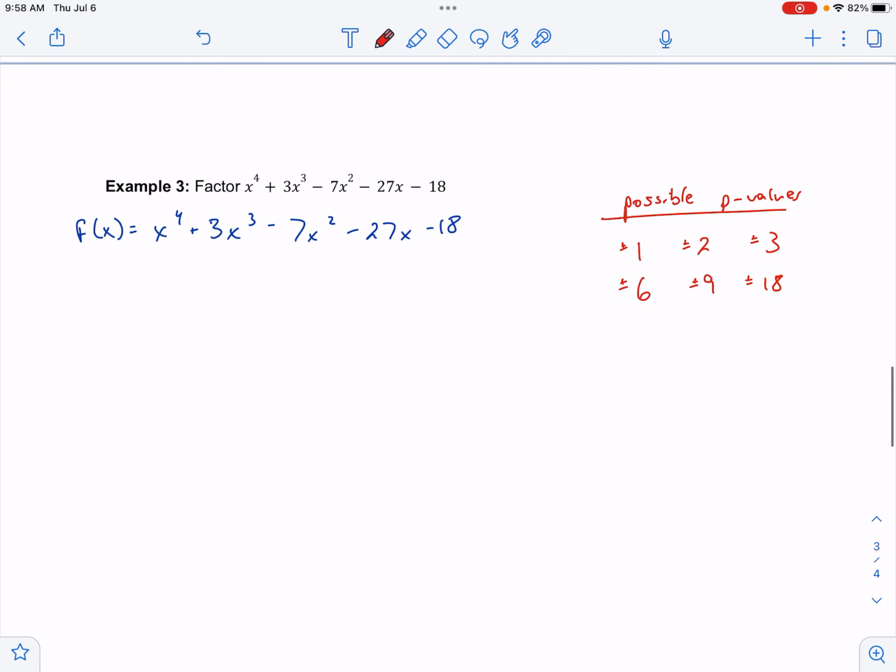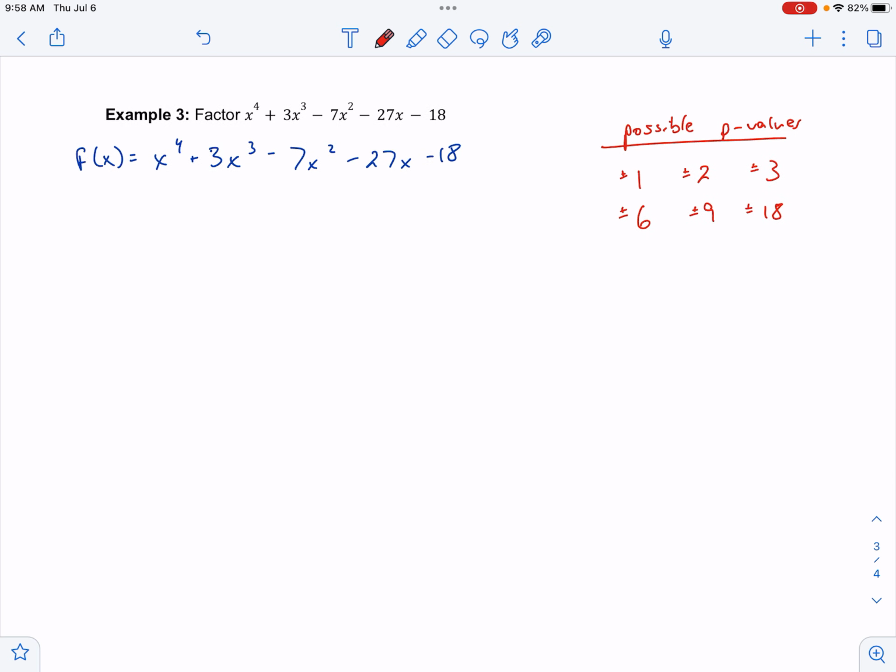Okay. Let's check our work. Let's see which one is going to work. Let's do x is 1. 1 to the power of 4 plus 3 times 1 to the power of 3 minus 7, 1 squared minus 27 times 1 minus 18.